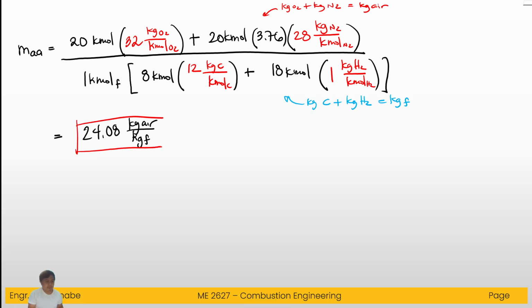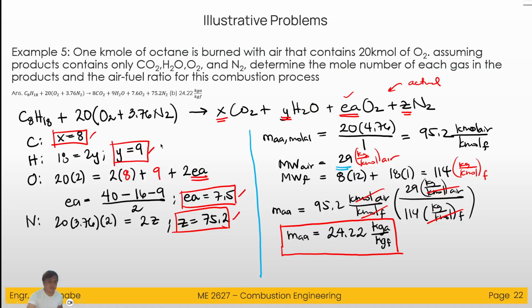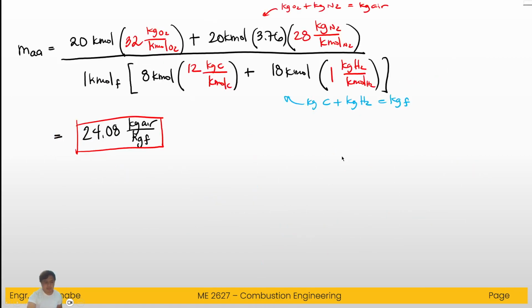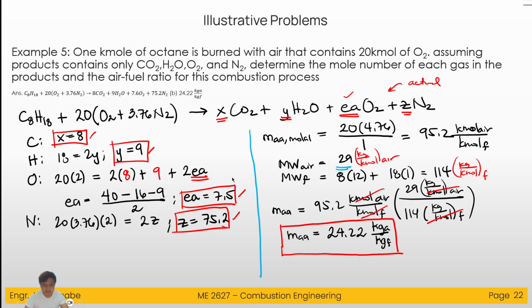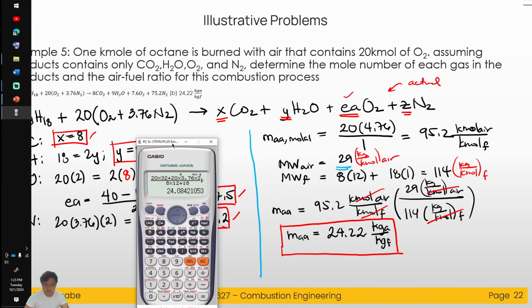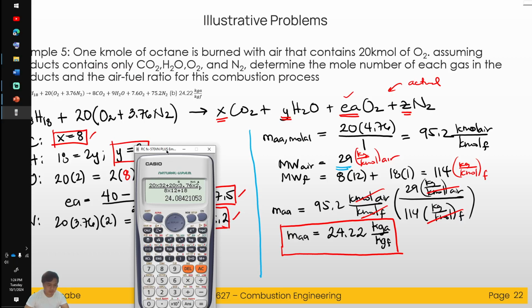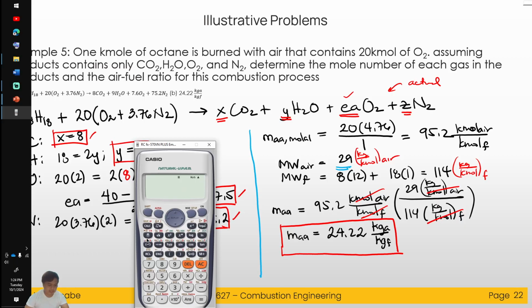So there is a discrepancy, of course, because again, this is just an estimation, no? This is what we've agreed on, but the actual molecular weight is around 28.8. So if you do this again, okay, let's try this again. The molecular weight of air can also be identified, no? Which is this.